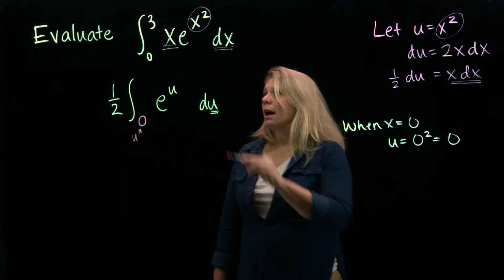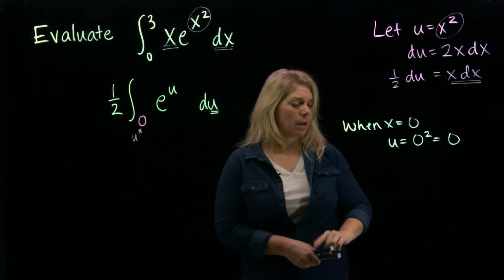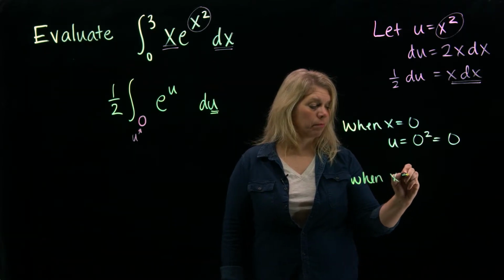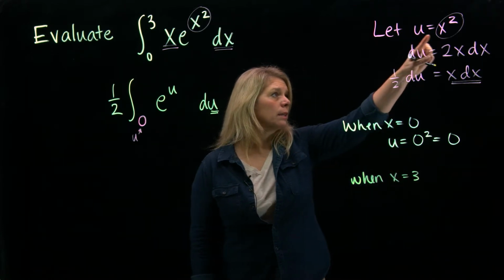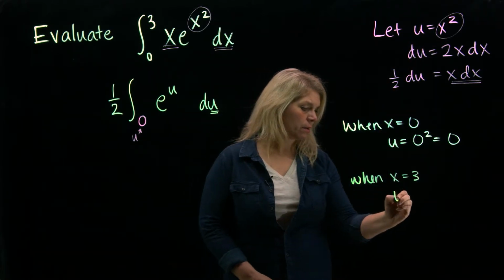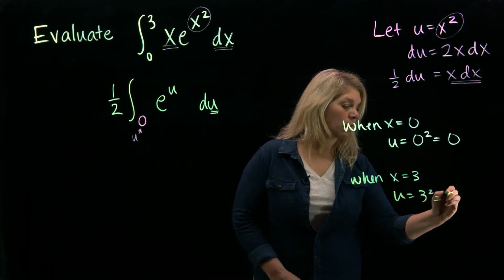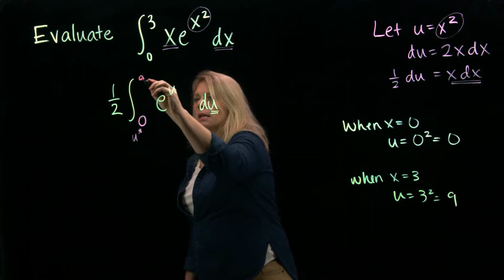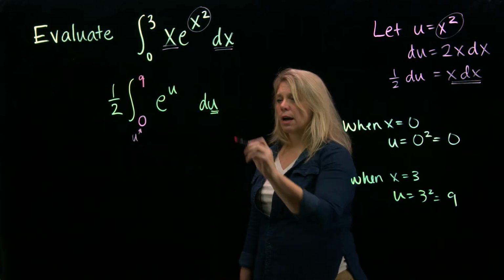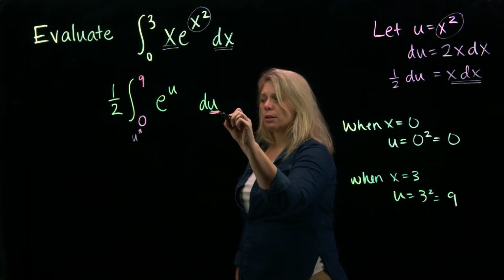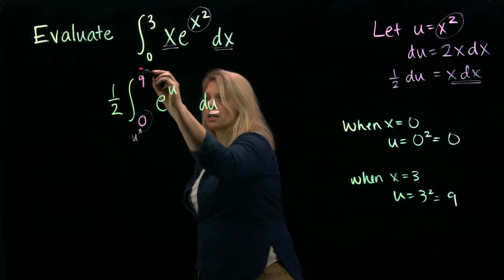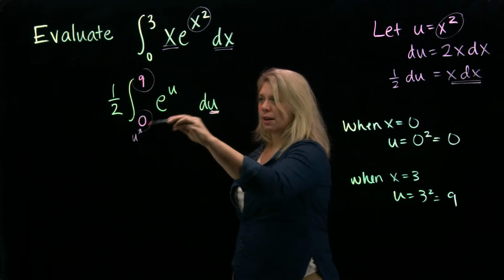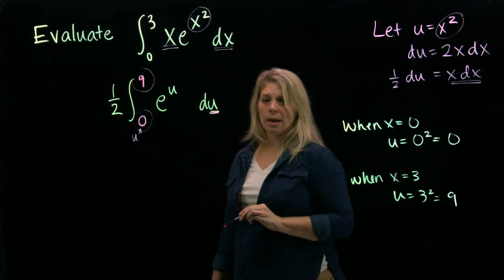All right, and then at the other end of my integral, when x is 3, my u is going to be 3 squared, or 9. So my upper limit of integration here should be 9. Those are u values. When you have a du differential at the end, your limits of integration here should be u values. Whatever this letter is here, these values here should correspond to that same letter there.